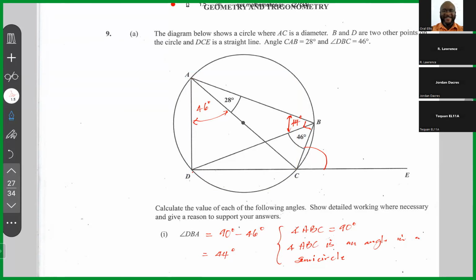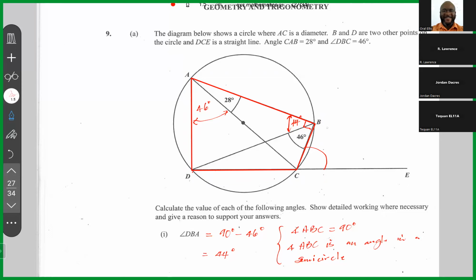It does. So my red quadrilateral is what you call a cyclic quadrilateral. Now, a cyclic quadrilateral is a quadrilateral that is drawn inside of a circle, such that all four vertices are touching the circumference. So all four vertices, A, B, C, and D, are touching the circumference. Therefore, ABCD is called a cyclic quadrilateral.